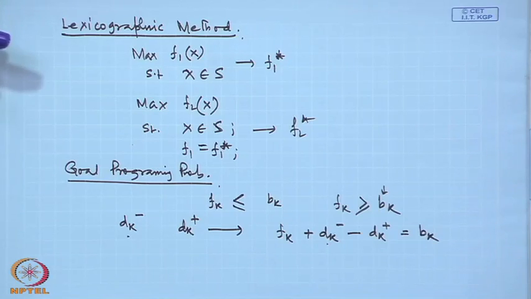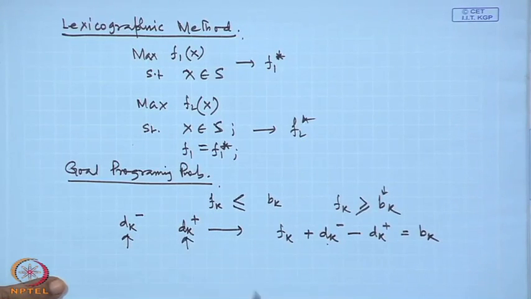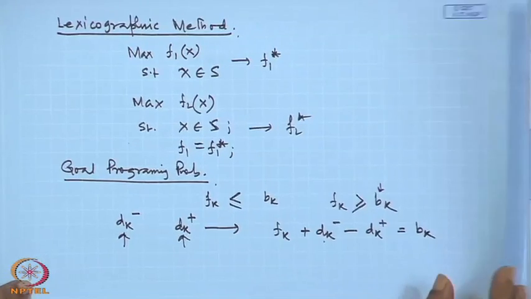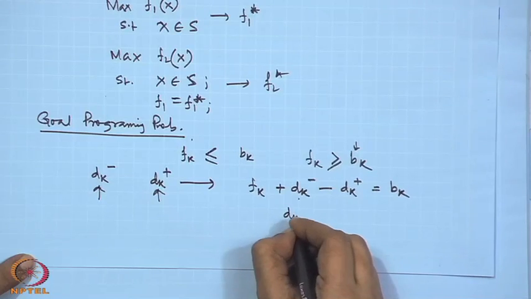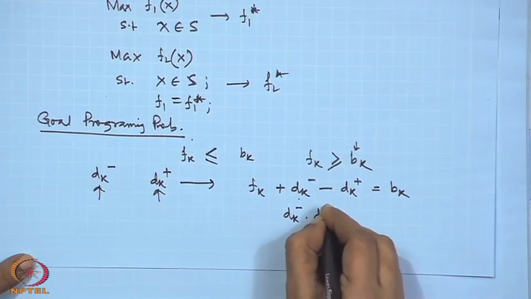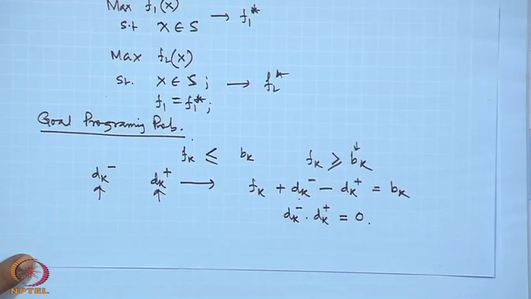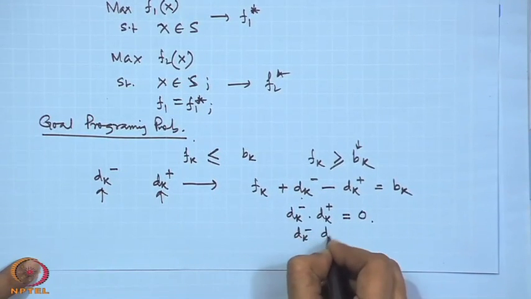Since this is the case, the underachievement variable and overachievement variable cannot both be at a positive level at the same time in the decision making process. One of them would be 0, so we have to impose another constraint that dk minus times dk plus must be equal to 0. That means one of them is 0 and the other is positive.